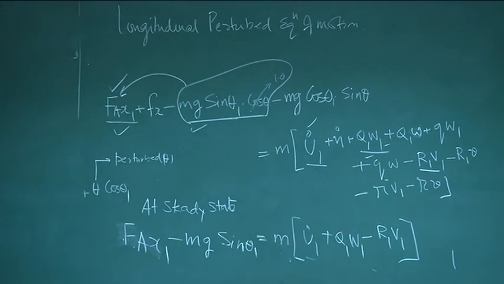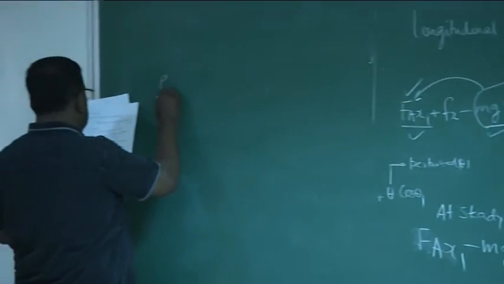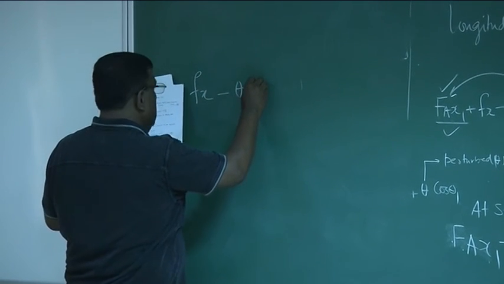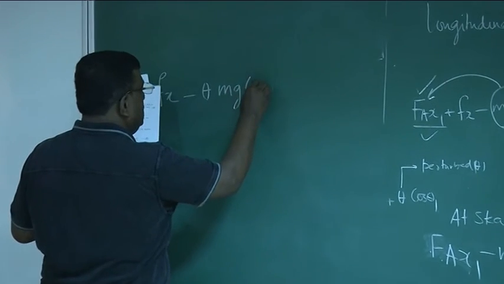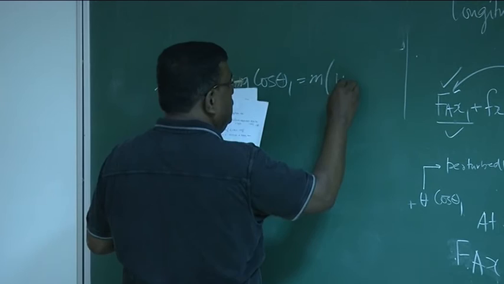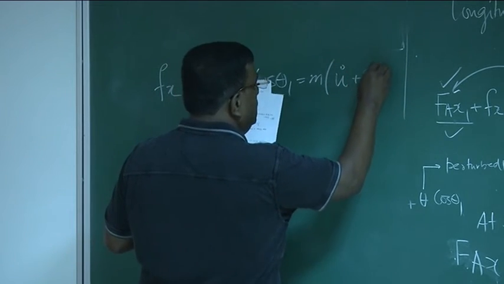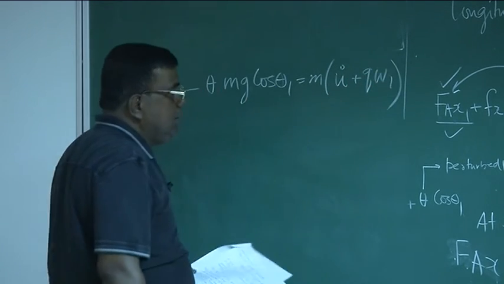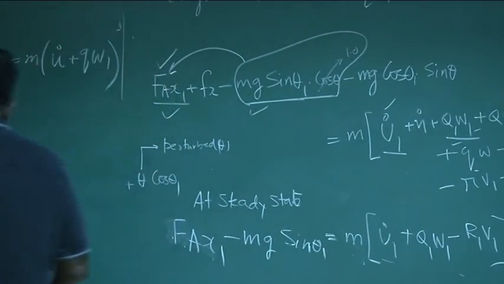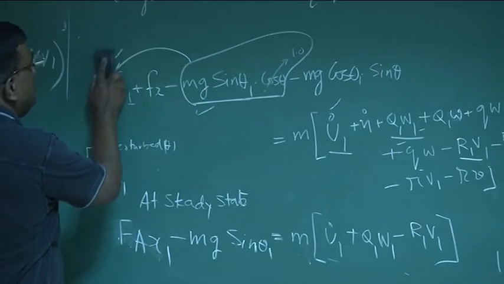So what remains here is Fx, right, minus theta mg cos theta 1 is equal to m times u dot plus q w1. Could you see this? I have removed this, so let me do it for you.